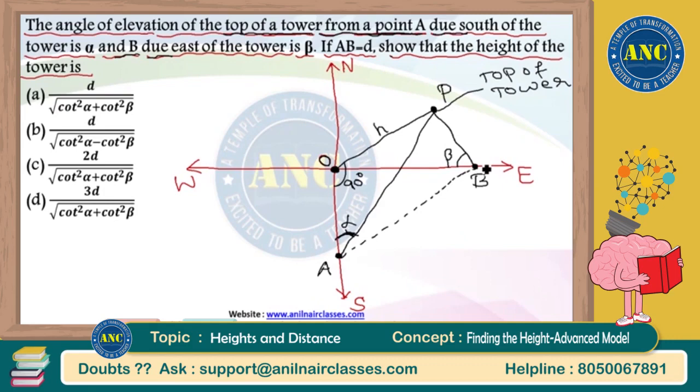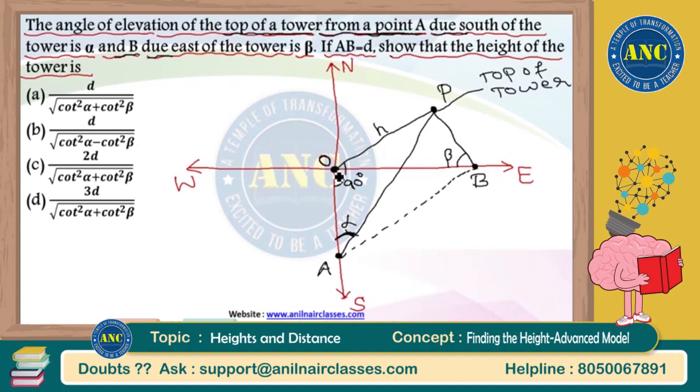I hope the diagram is clear for you. I have tried my level best to explain to you in a 2D representation, which is slightly difficult because it's a 3D representation question. I believe that your visualization should be a little strong in understanding that. I am giving a simple example.